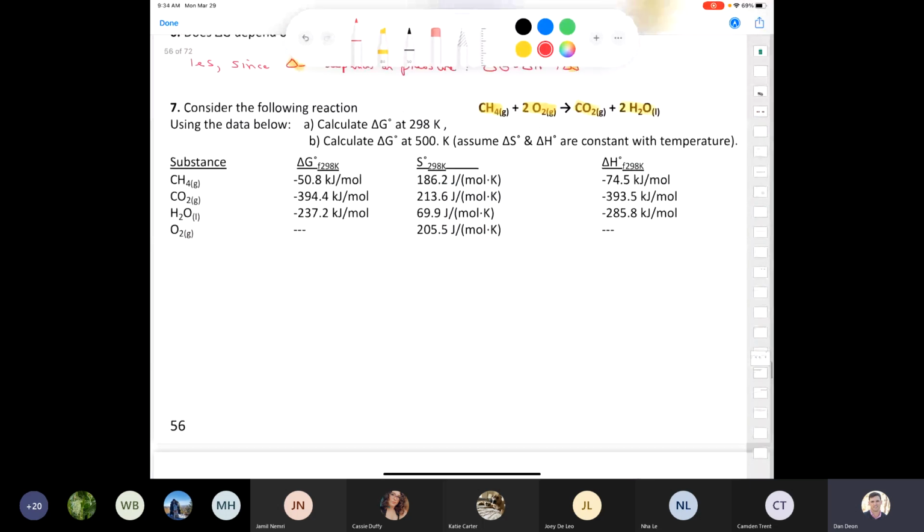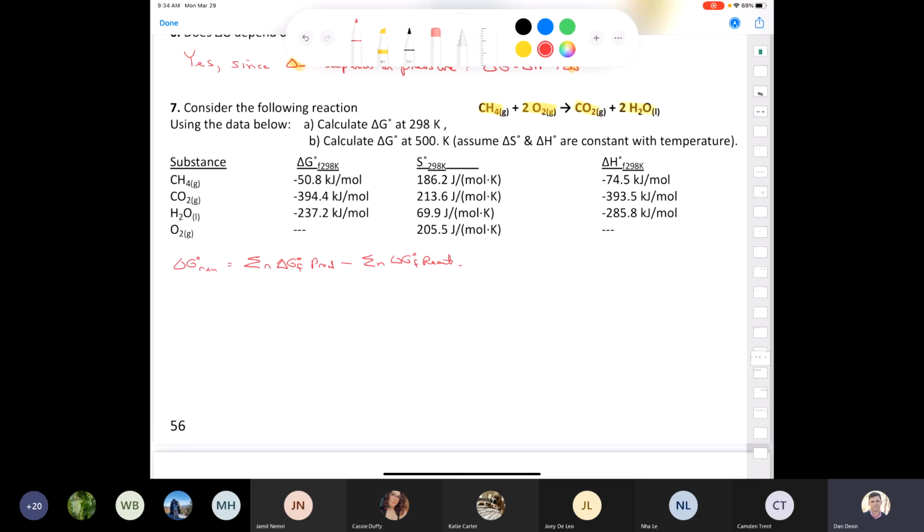So what are we going to do? We're going to say that our change in free energy for our reaction is going to be the sum of the stoichiometric coefficients multiplied by the delta G's of formation of the products, minus the sum of the stoichiometric coefficients multiplied by the change in free energy for the formation of the reactants, right?